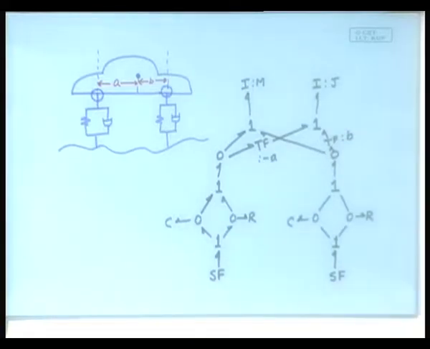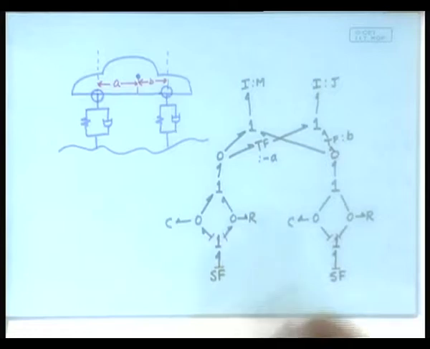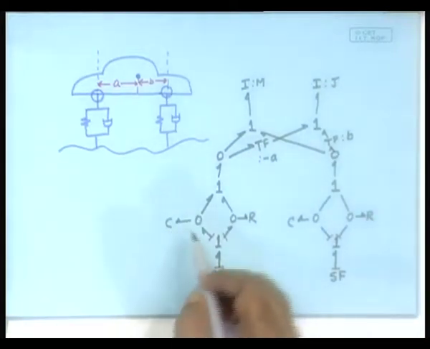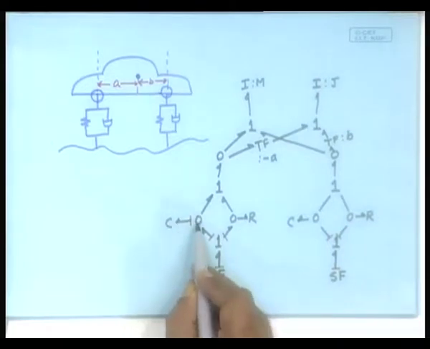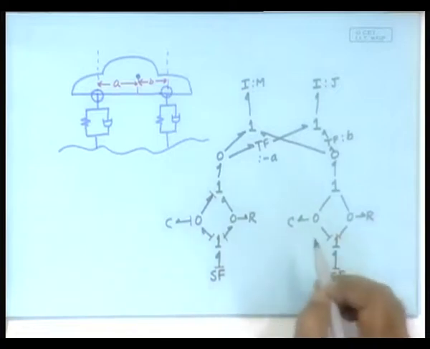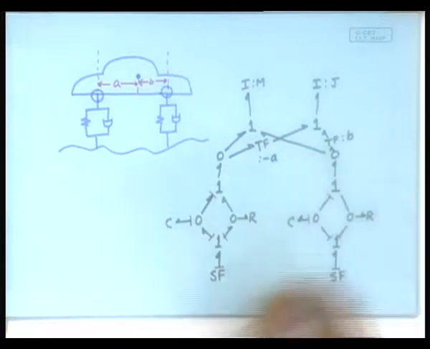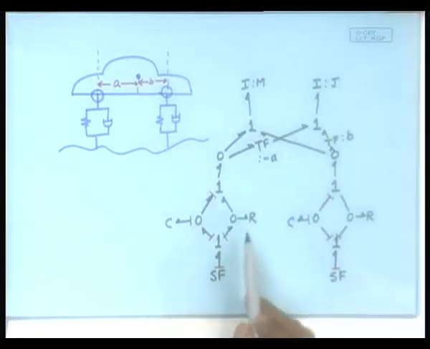Causalities: SF will give flow. A one junction will equalize the flow, and a zero junction will distribute the flow. C, natural causality is this, the moment it has brought in the effort information, it must give out the effort information. Similarly, here, what does the R do?